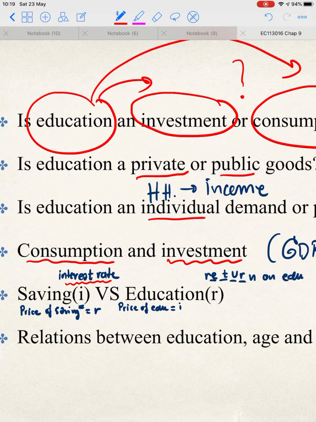So saving and education are substitution goods.